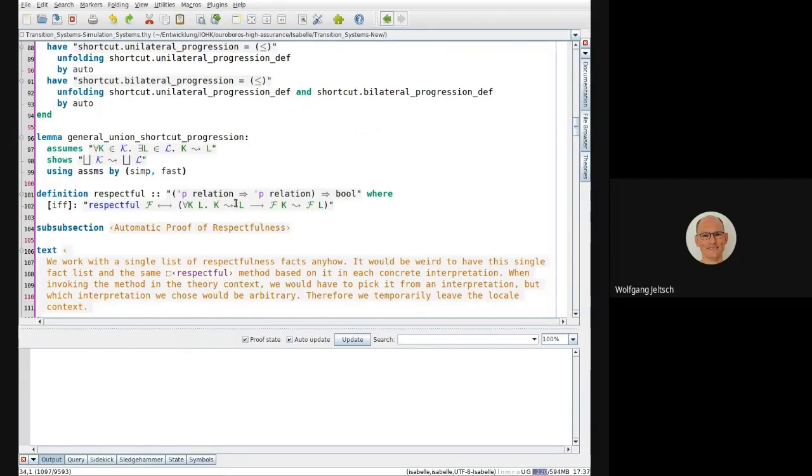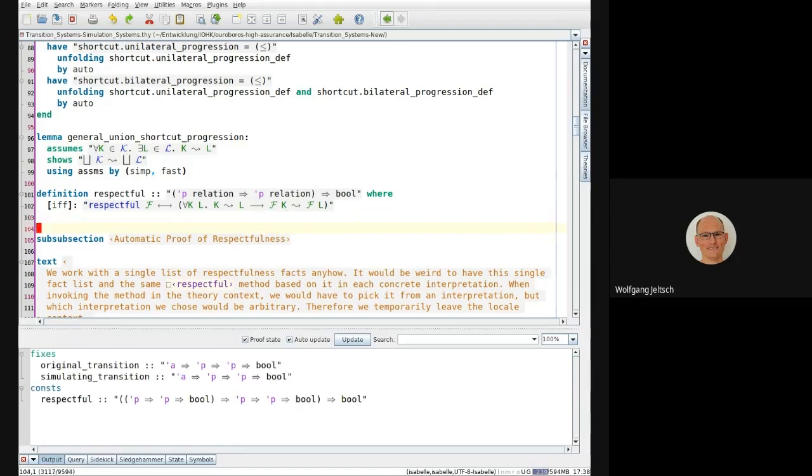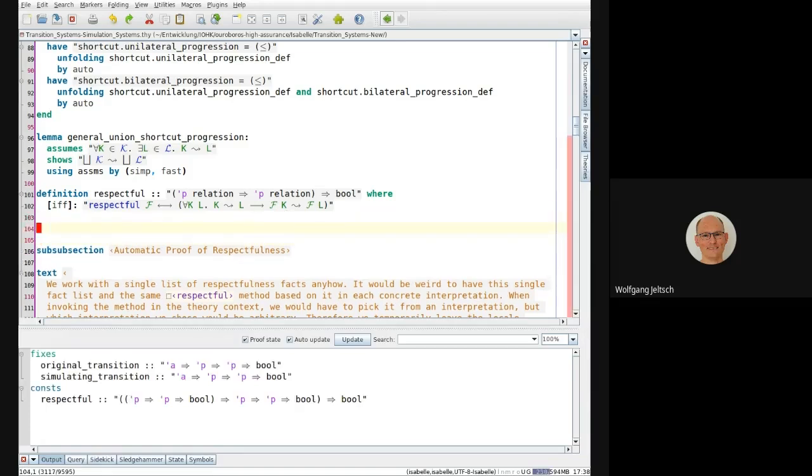We know, of course, if f is respectful, then k progresses to l, then f k progresses to f l. If also g is respectful, then we have this situation that also g k progresses to g l. And what we must be able to conclude is that f k composed with g k goes to f l composed with g l.